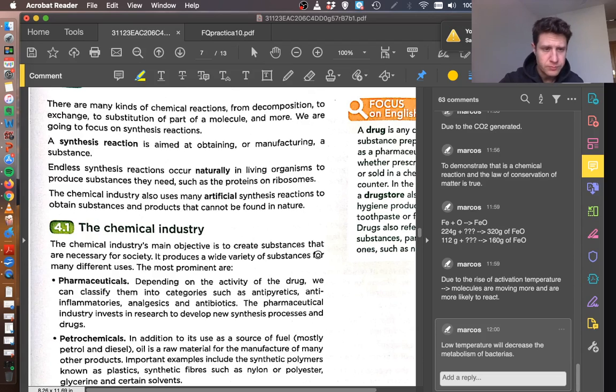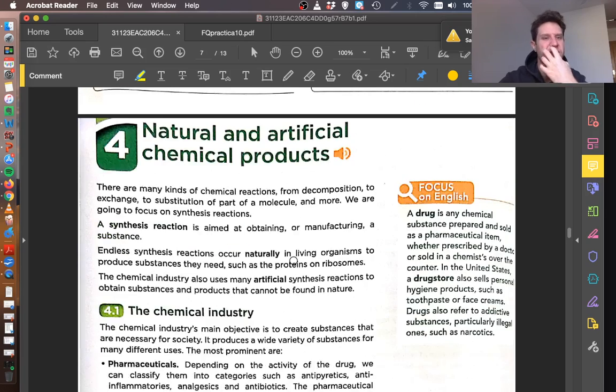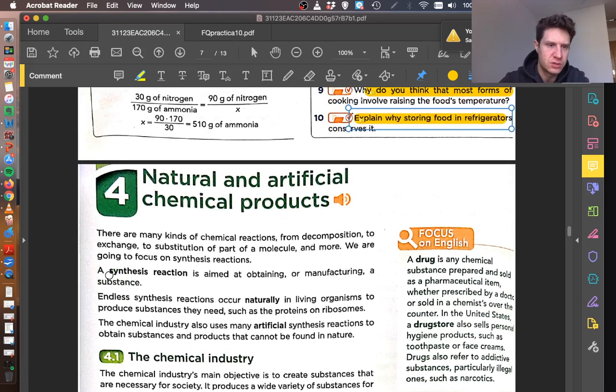Good, chemical synthesis. This is very interesting stuff, natural and artificial. A synthetic reaction has the aim of obtaining or manufacturing a substance. So it's made by us, yes? Synthesis, sorry, it's not made by us.